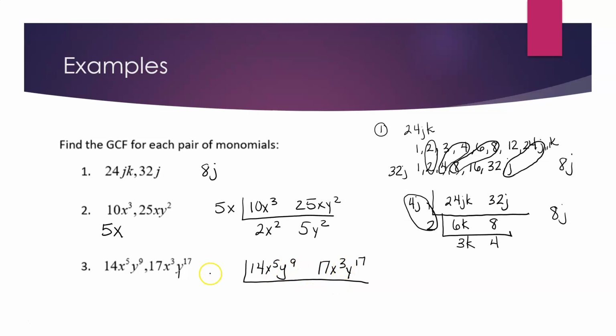Well, 3, so x cubed. The highest exponent of y that will fit in is the 9th. When you divide, you have 14x squared here and 17, y, 17 minus 9 is 8, y to the 8th. So my greatest common factor is x cubed y to the 9th.